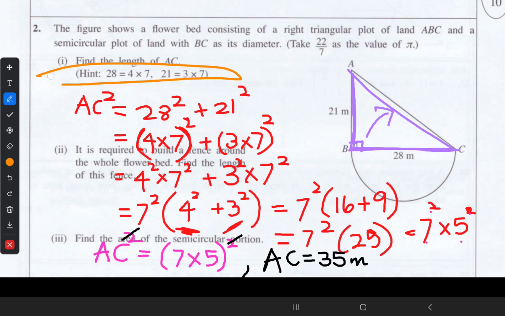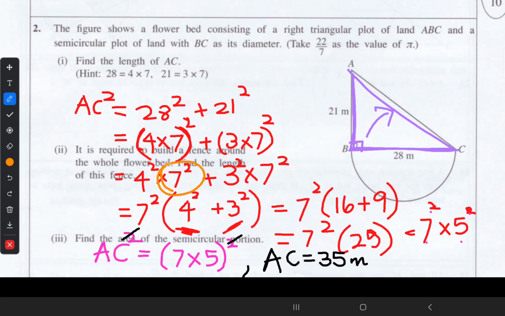According to the hint, we can express 28 as 4 times 7, so 4 times 7 whole square, plus 3 times 7 whole square. Then when I expand this expression, that will give you 4 square into 7 square, because both of these components have square particle. So that's why I expanded like this. Then 3 square times 7 square.